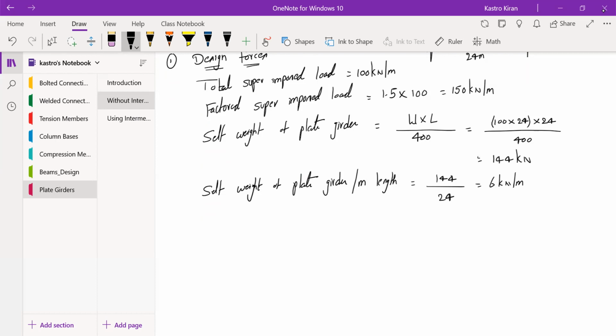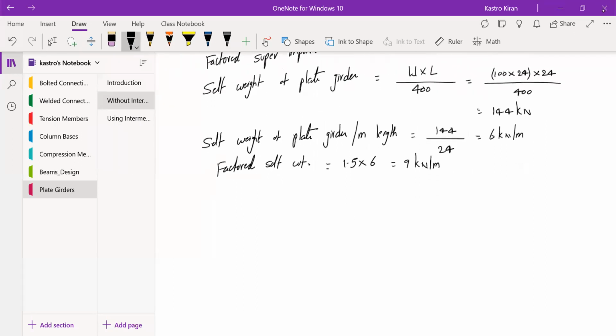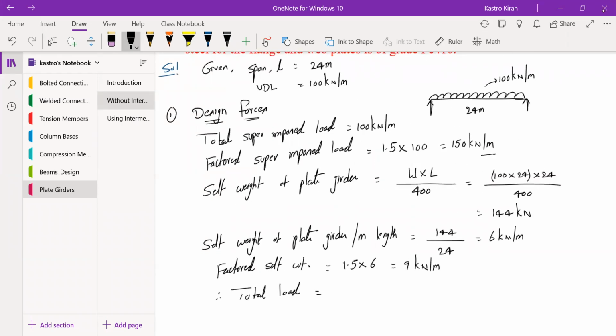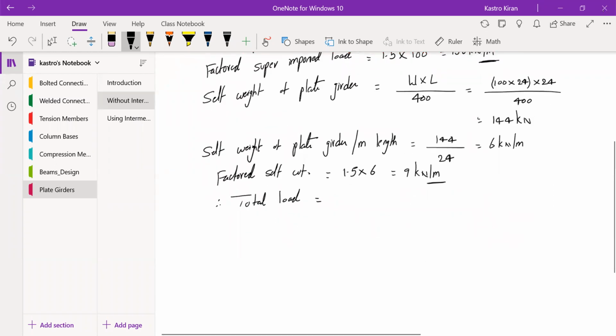Now let's find out the factored self weight. Factored self weight equals 1.5 times the self weight of plate girder per meter length, which will be 9 kilonewtons per meter. This is the factored self weight. Therefore, total load equals factored superimposed load, that is 150 kilonewtons per meter, plus factored self weight, which is 9 kilonewtons per meter.